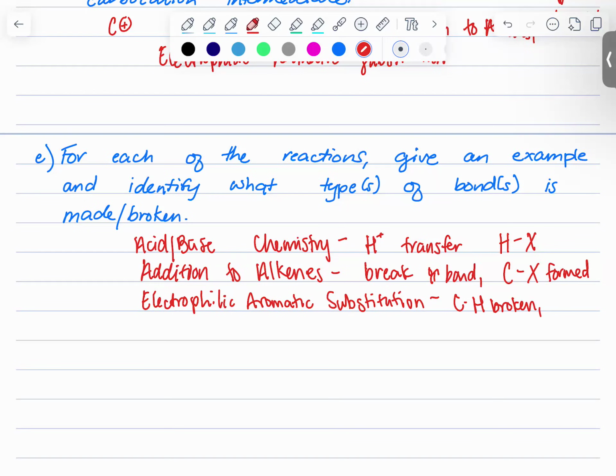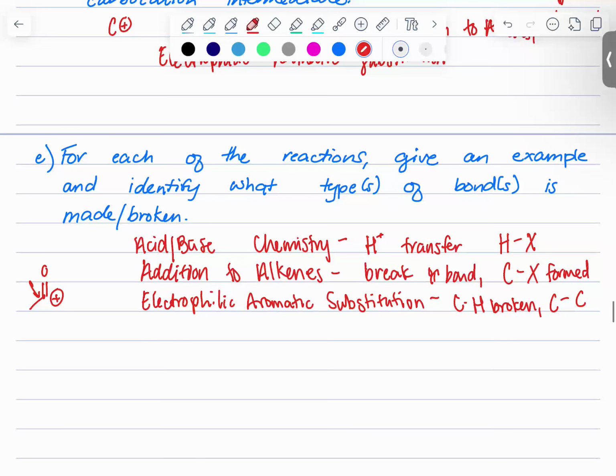What kind of bond will get formed? Yes, but we have a really common electrophile that we use. So if that was our electrophile, what kind of bond would we make? What would our X be? C, because we would attach to this carbon here.